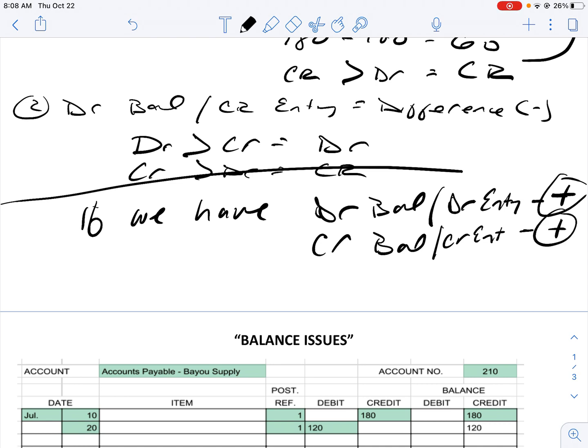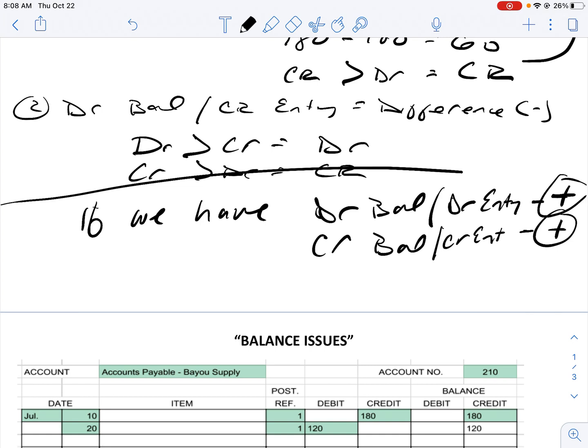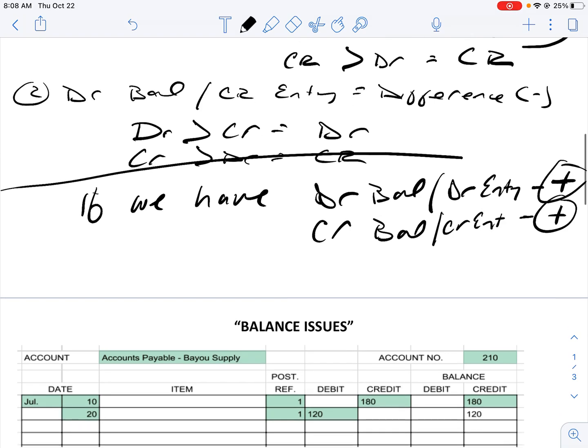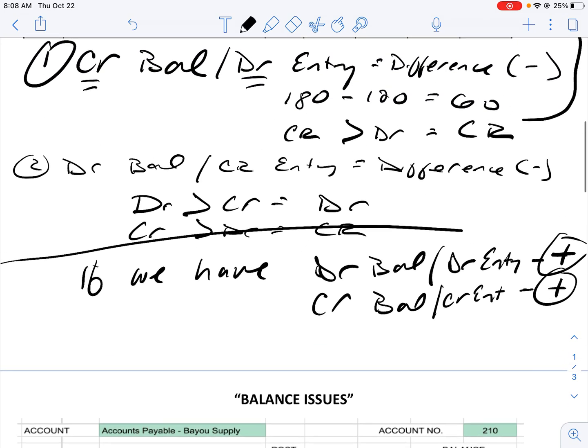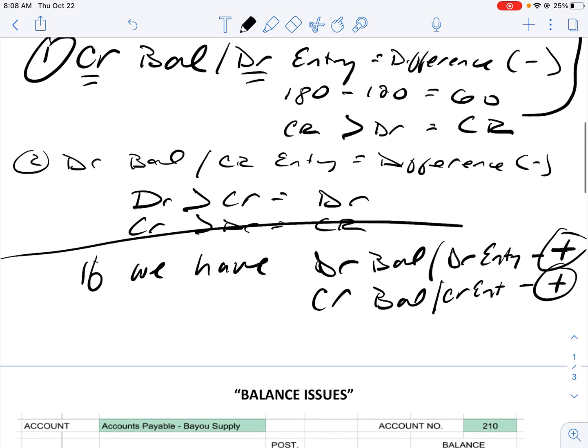A debit balance and a debit entry will be a debit. A credit balance and a credit entry is going to be a credit. Keep those in mind. Also, go back to Chapter 2 and your learning on normal balances. So that's the big issue that people find. I think if people can figure those out, they'll be good.